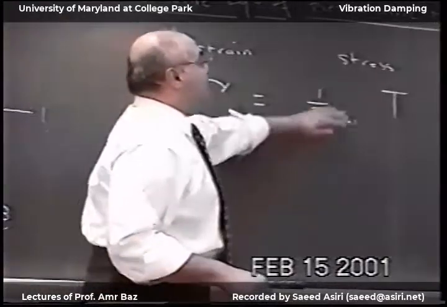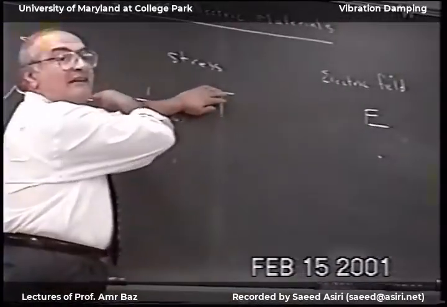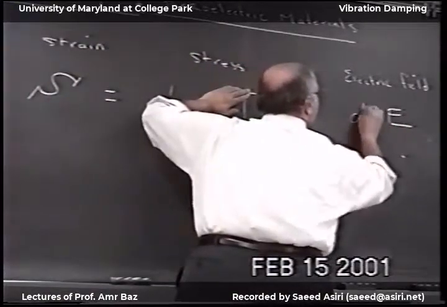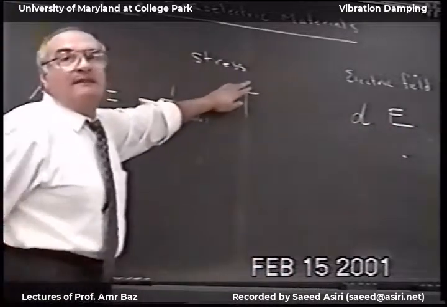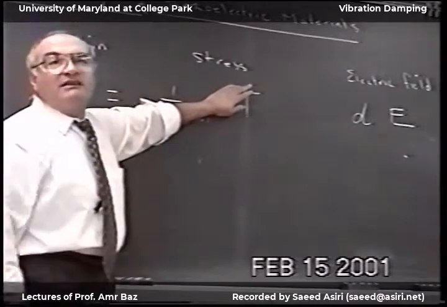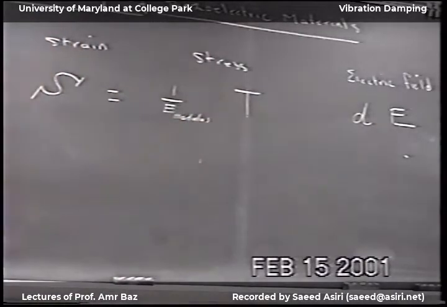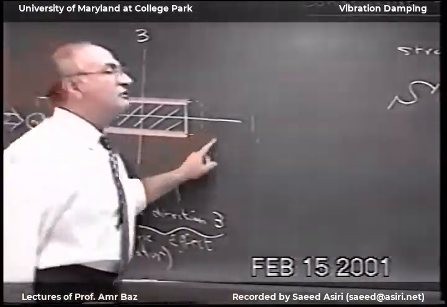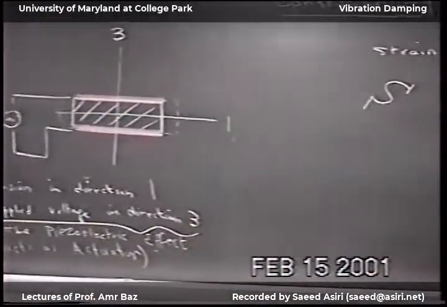If T is zero, I can generate strain in the material by electric voltage, and there is a constant of proportionality. In this case, I'm applying voltage in direction 3 and generating strain in direction 1. So this is called the D3-1.